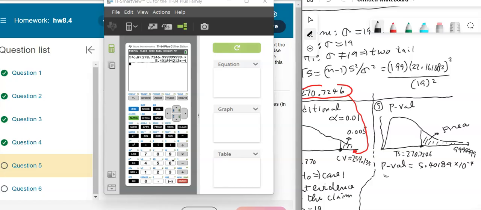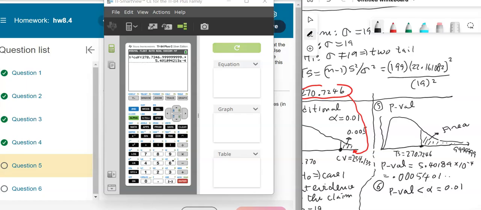You know what that means, right? 0.0005401, like this.